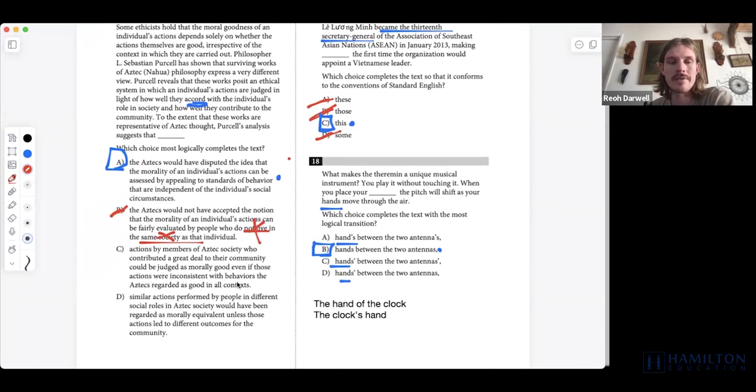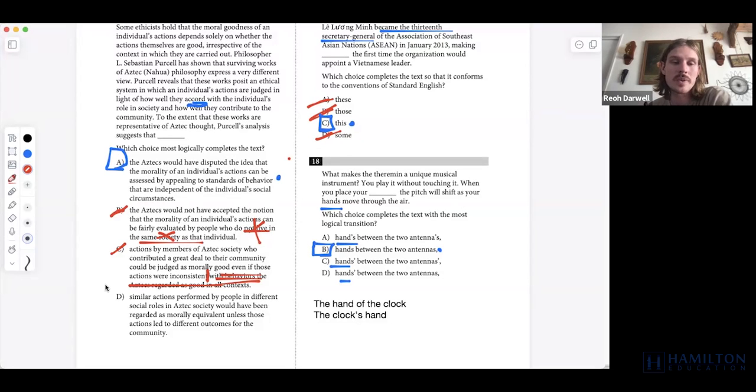So now C, up to here, this could be correct. But then this part is really unrelated, right? So actions that contributed to community can be judged as morally good, even if they're inconsistent with, perhaps we might want to say, something that other ethical systems would value as simply good or bad, right?